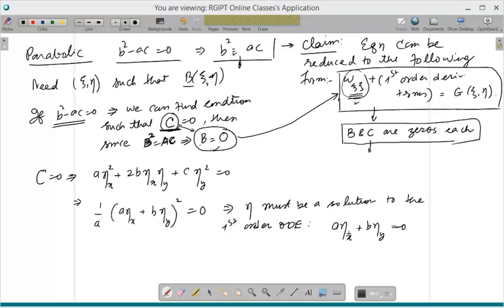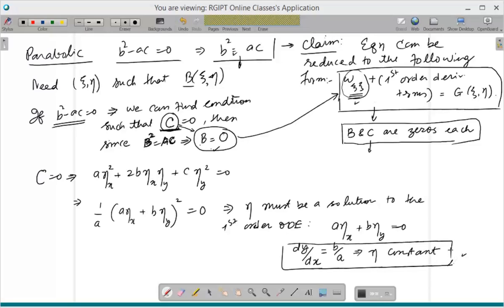And we have already seen this same form in the previous class, in a previous example. You get a first order ODE. We all know that this is obtained when dy by dx equals b by a. When you have this curve, that implies eta is constant. We have already seen this result.